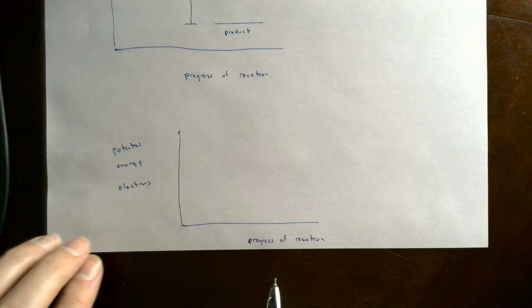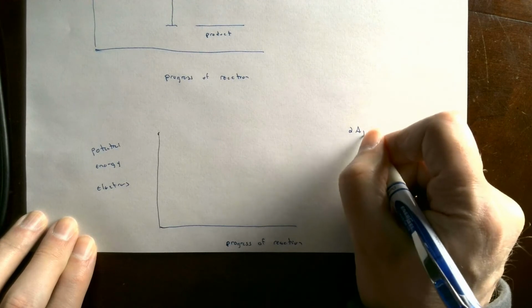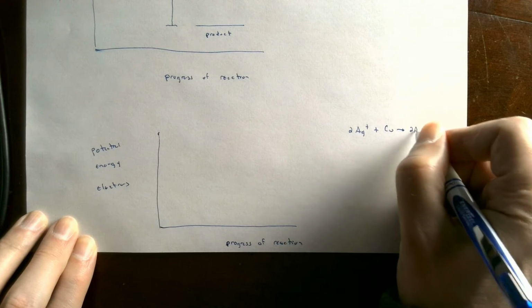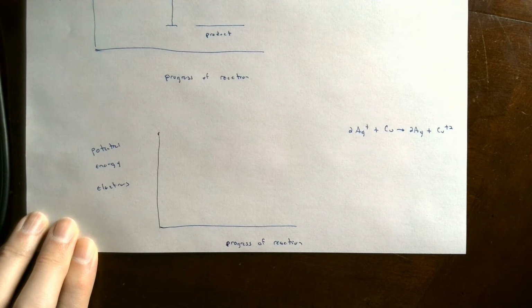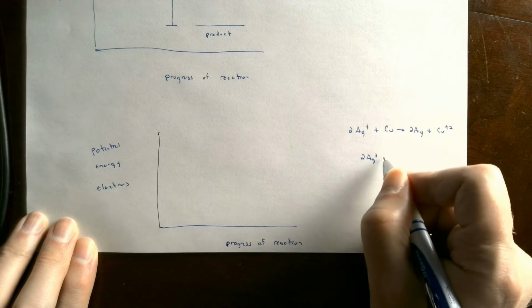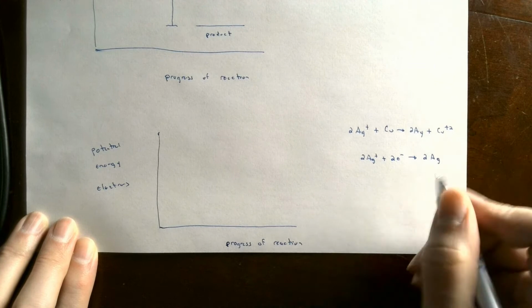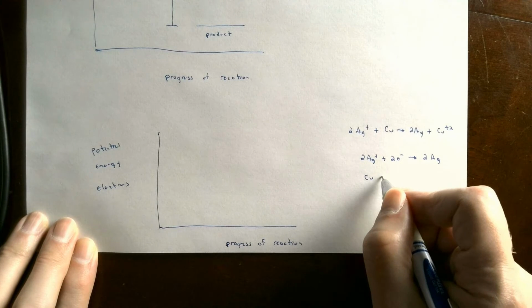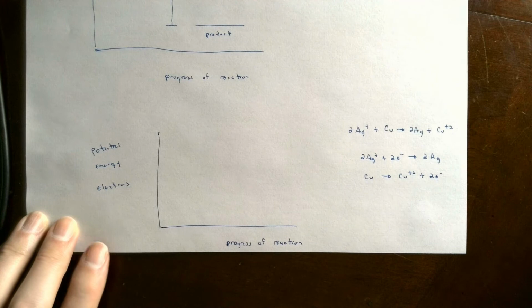Now in our example, we had silver, right? So we had 2 Ag+ plus Cu goes to 2 Ag plus Cu2+. And we had the two half reactions. We said 2 Ag+ plus 2 electrons produce 2 silver atoms. That was one of our half reactions, and the second was Cu goes to Cu2+ plus 2 electrons.